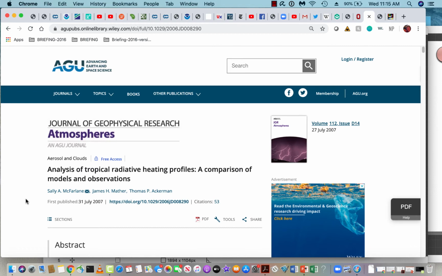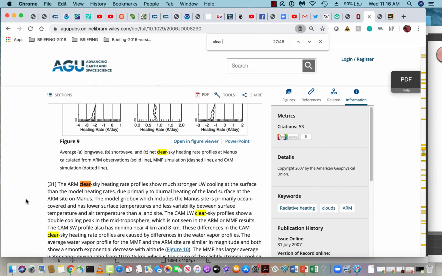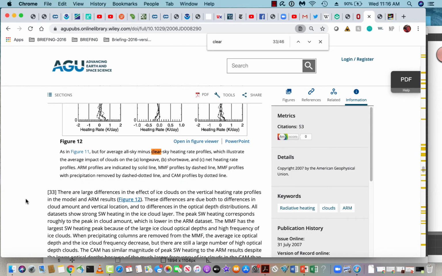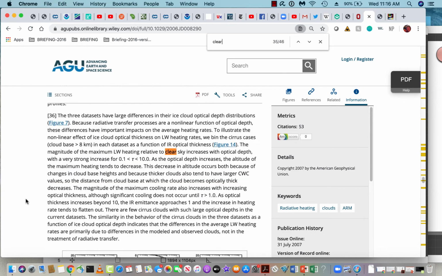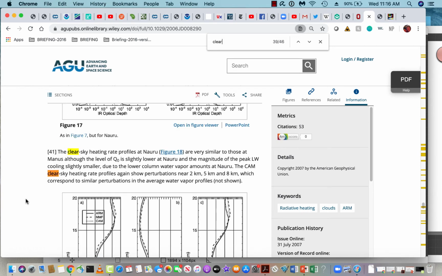And there's nothing particularly about tropical that I chose here. It just happened to be the first thing that I found. And one of the nice things about this is that they show heating profiles from observations and models for both clear skies and cloudy skies.